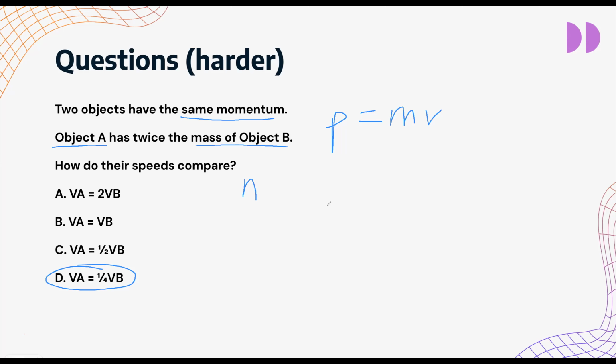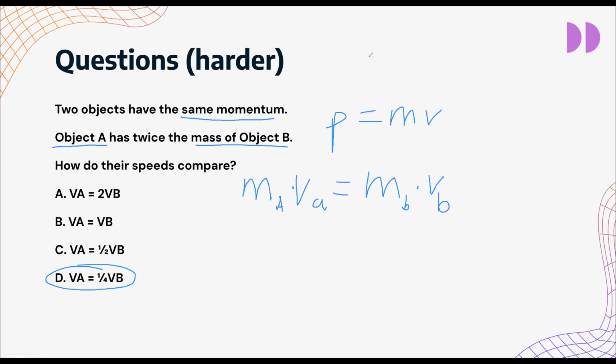So the mass of object A times the velocity of object A is going to equal the mass of object B times the velocity of object B. Does everyone understand this step here? I'm just setting object A's and object B's momentum into terms of mass and velocity of each object. Does everyone understand that?